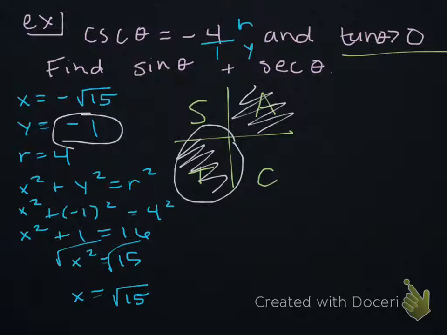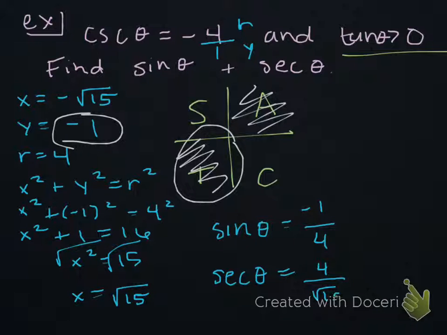Now that I figured out x, y, and r, I have enough information to find sine and secant. So sine is y over r, so my y value is -1 over 4, so that's done. And secant is r over x, so 4 over negative square root of 15.